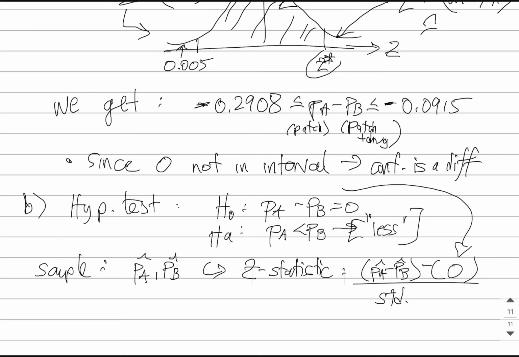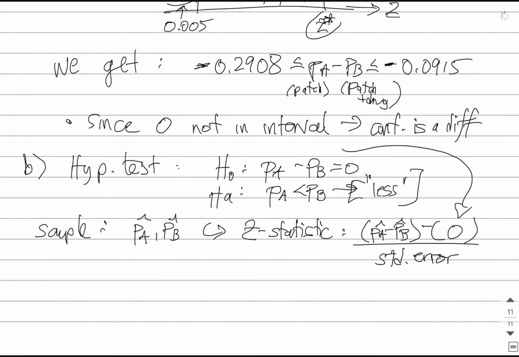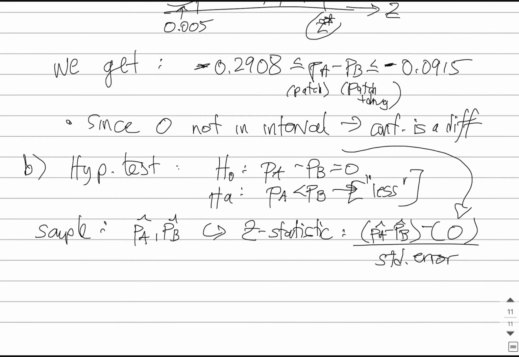And then we will divide by the standard error. Now, the standard error in this particular problem uses the pooled estimate. So you could compute it manually, and you would come up with a result, or you could compute it in R.